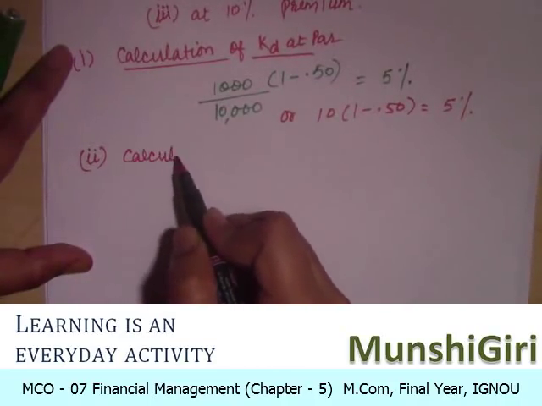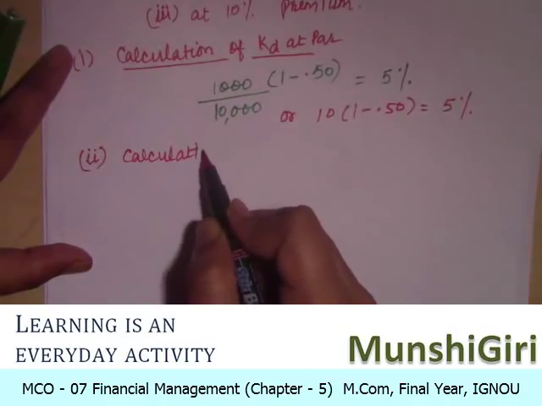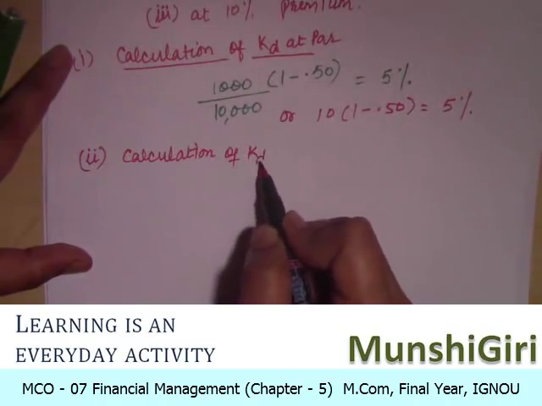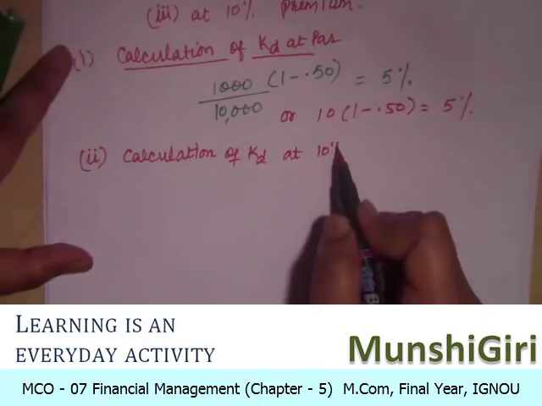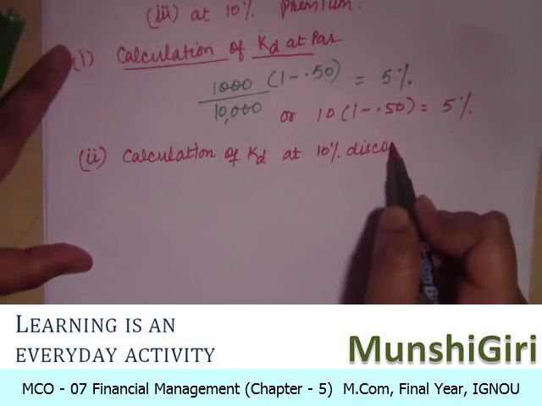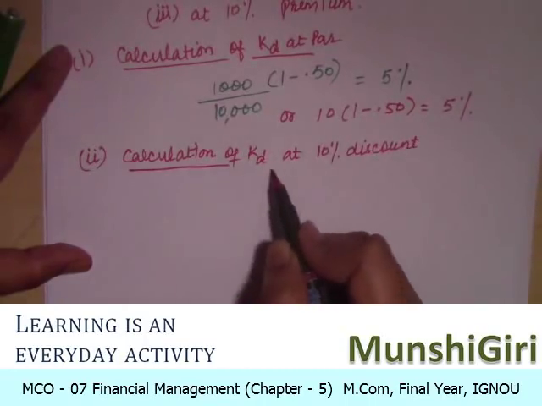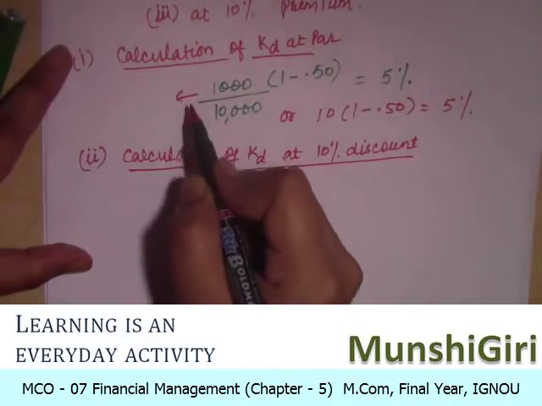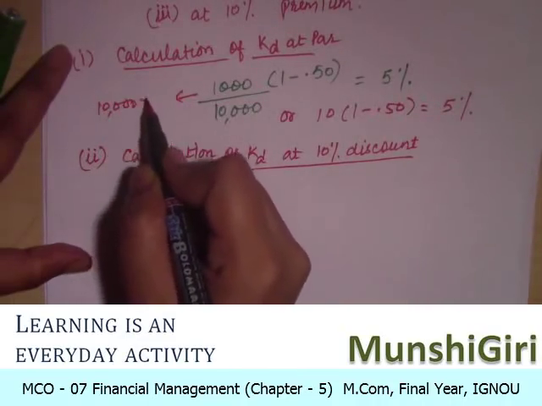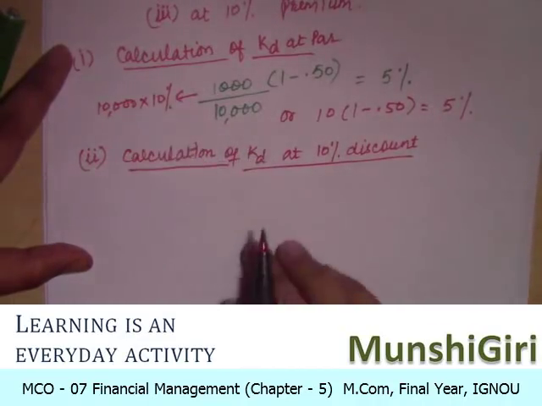Second is calculation of KD at 10% discount. This was 10,000 into 10%.